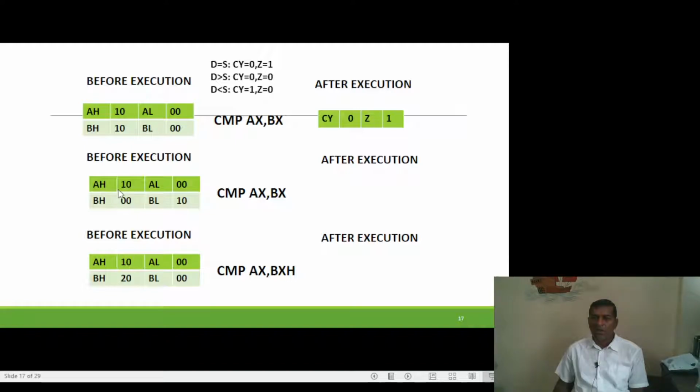Here AX is larger, meaning the destination is larger and BX is small, so we will get nothing set as a flag. Here the destination BX is larger than AX, so we will get the carry flag set as a result of this comparison. AX and BX will not be altered, they will remain the same even after execution of the instruction.